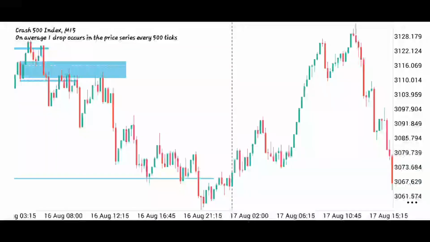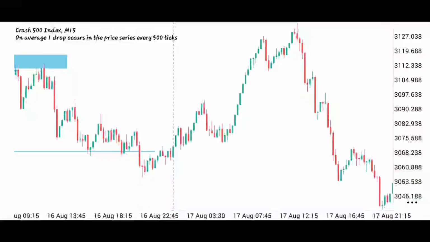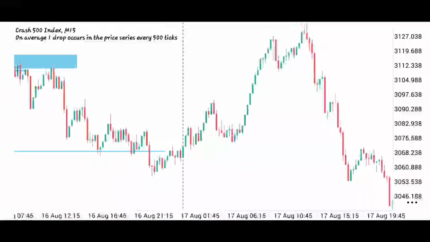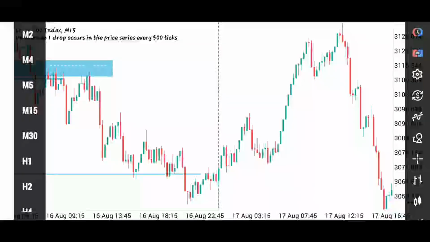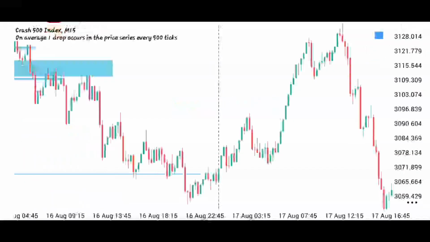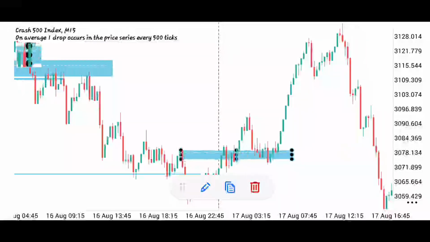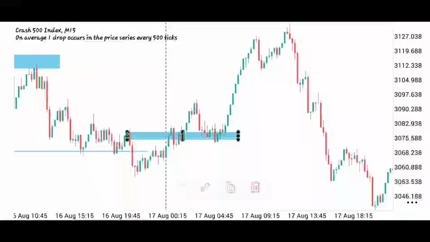Then we go on to the next day. Yes, we know that liquidity has been swept. Which candle was responsible for the liquidity grab? This one. That's our candle. We'll take the whole series of the candle.